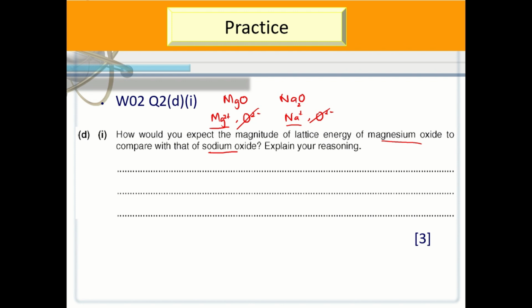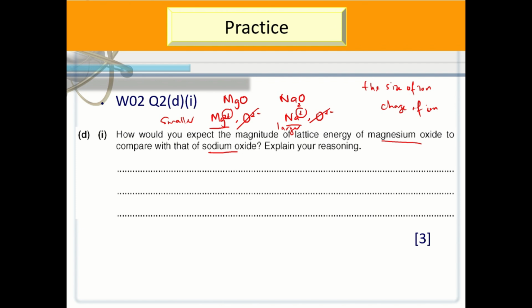The two factors affecting the lattice energy are the size of the ion and the charge of the ion. These two cations have different sizes. Magnesium ion is smaller. Magnesium ion has a larger charge than sodium ion. So we need to talk about these two factors in your answer.